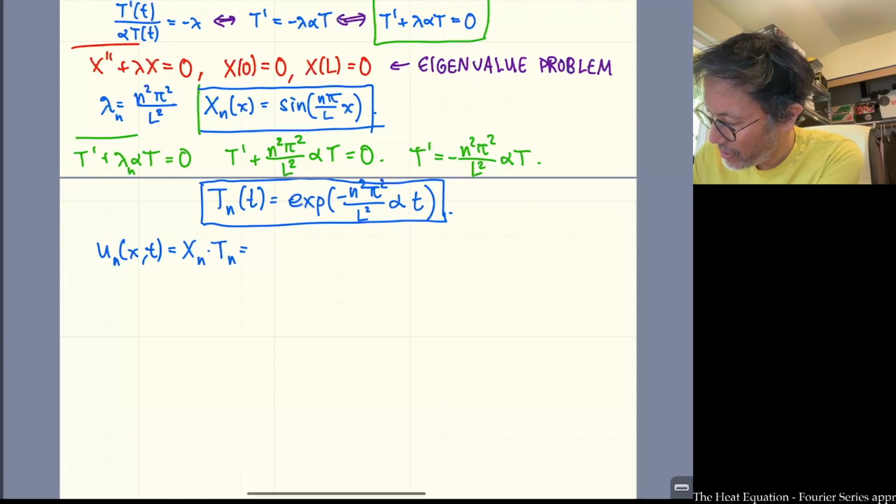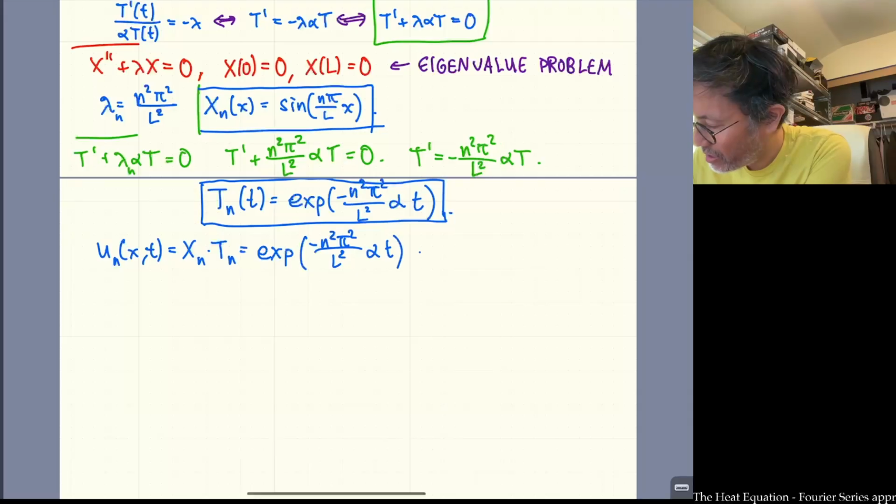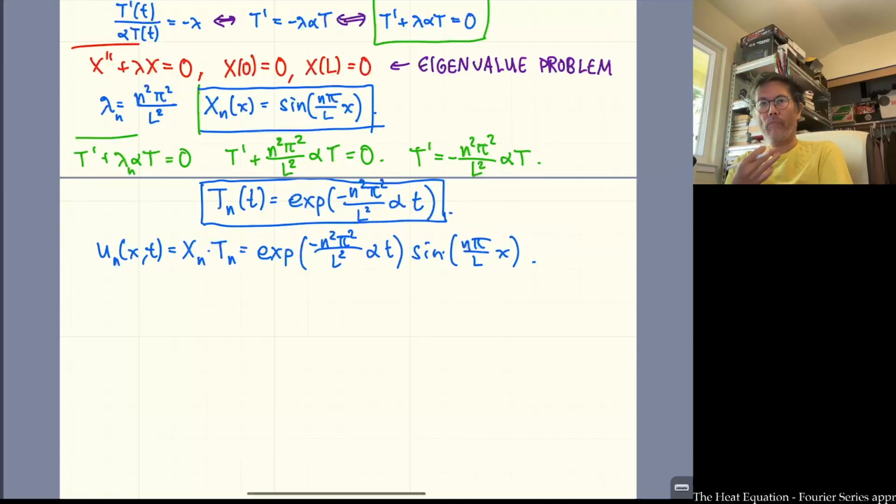And that's just this exponential times alpha times t times this sine of n pi over L times x. And what I'm claiming is that that's a solution to the heat equation.